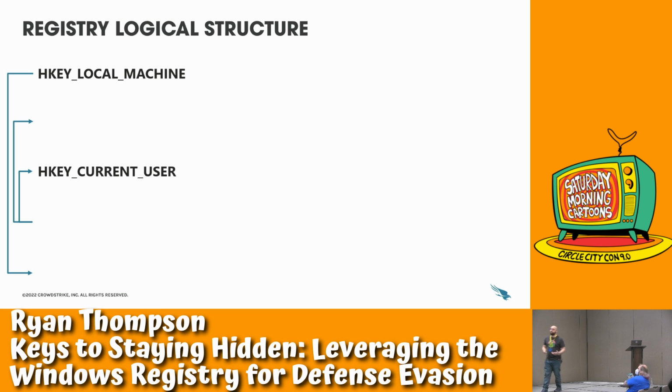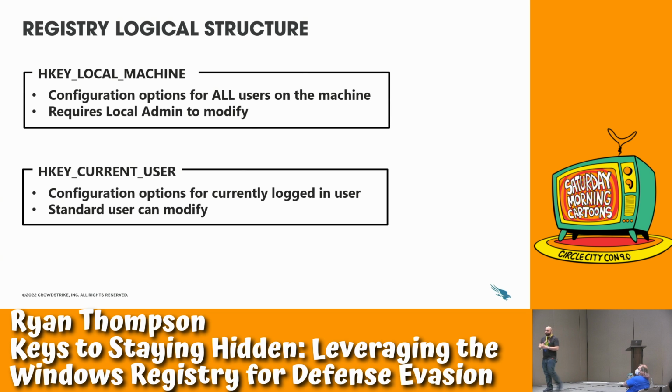Let's simplify it again. We're only going to focus on two of these major segments, or hives, and let's define them a little bit. We're going to be looking at HKEY_LOCAL_MACHINE and HKEY_CURRENT_USER. Local machine is, well, settings for your entire machine. It's not going to be dependent upon what user is logged in, and you're going to need a local admin to make changes to these.